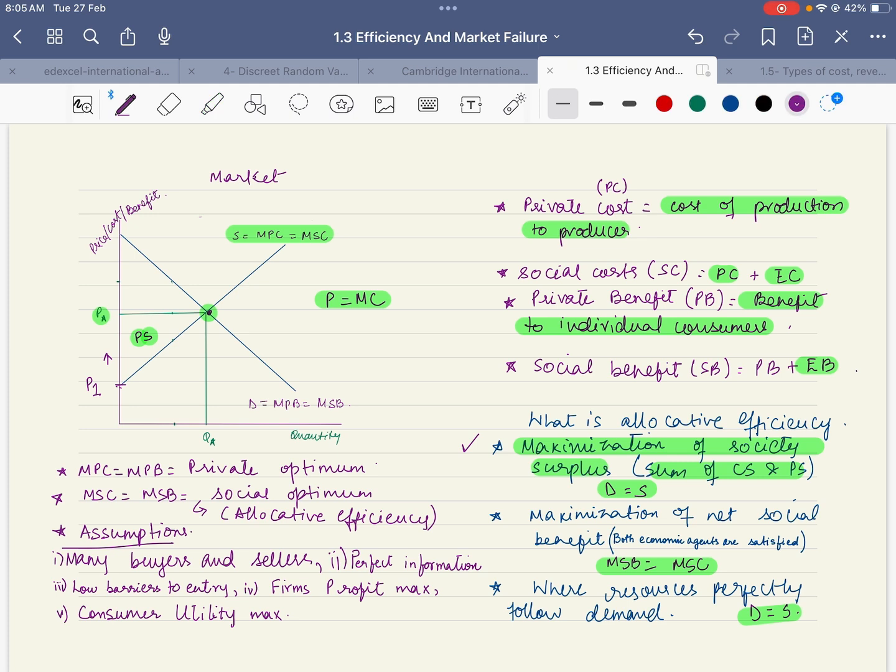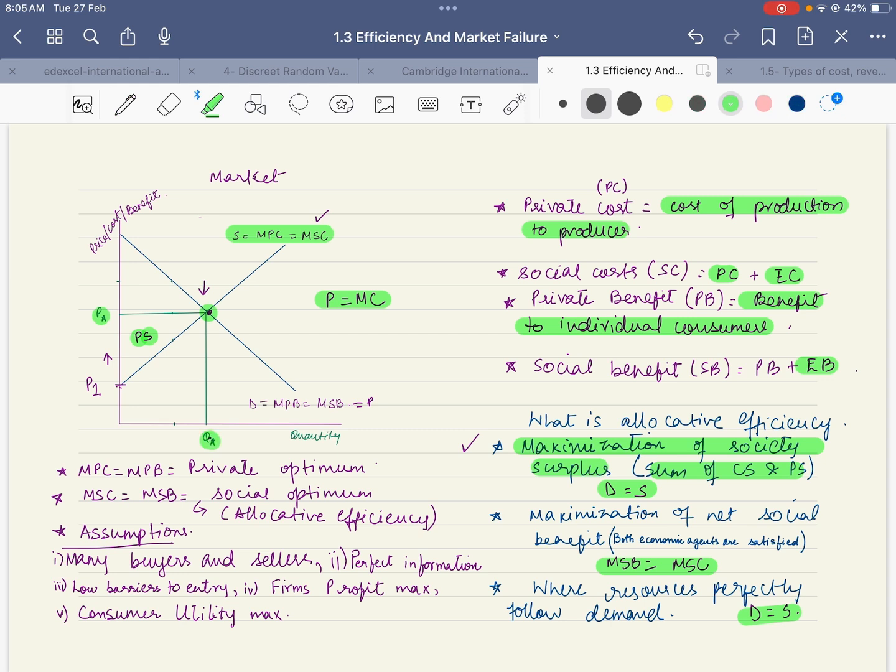Obviously, demand is the price, and here we have marginal cost. So price equals marginal cost will be at the point where both the curves intersect each other. It can only be achieved at the equilibrium price P star and the equilibrium quantity Q star.